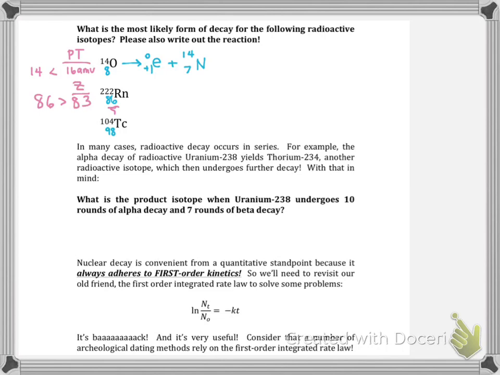So we can go ahead and say we're going to lose an alpha particle. So our mass number is going to go down by 4. And our atomic number is going to go down by 2. And then I look on the periodic table to find what has an atomic number of 84, and it's polonium.